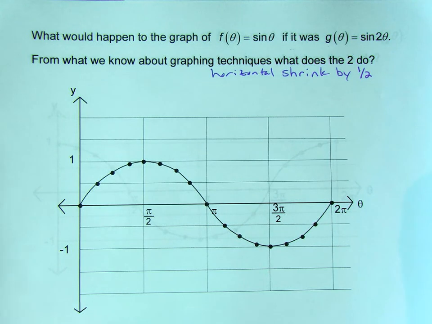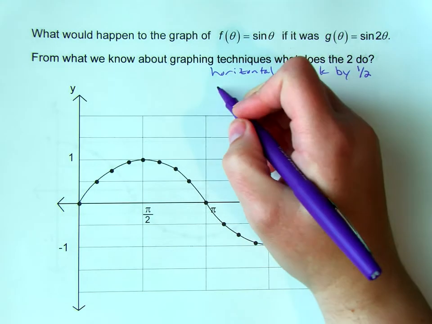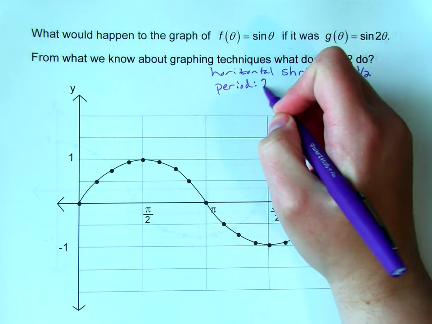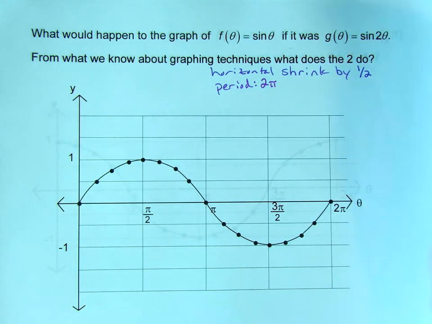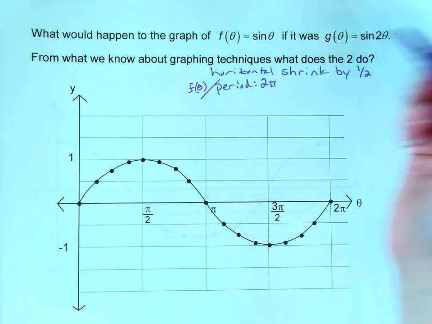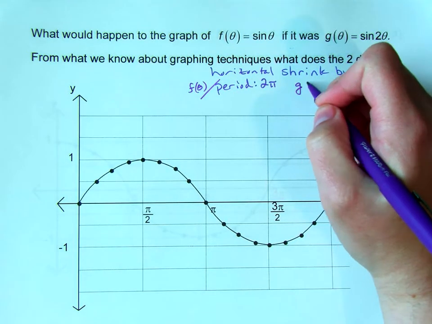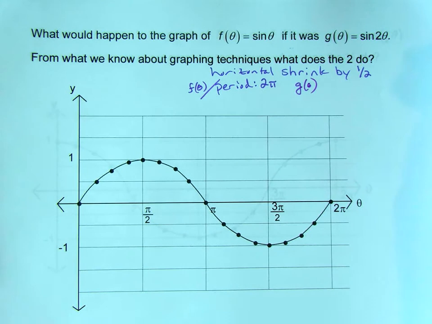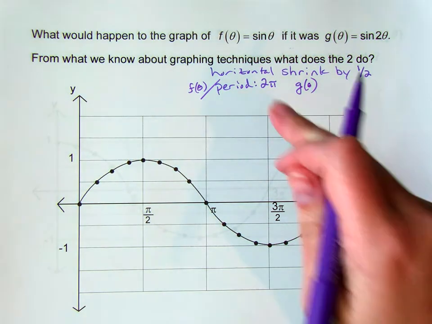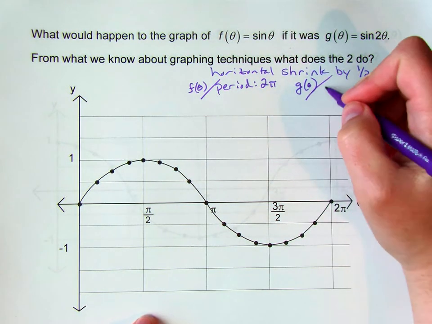Okay, now what we have to think about is the period of sine. We just said the period of the original sine function is 2 pi. That's for f of theta. For g of theta, if we're horizontally shrinking this by 1/2, what do you think g of theta's period is going to be?